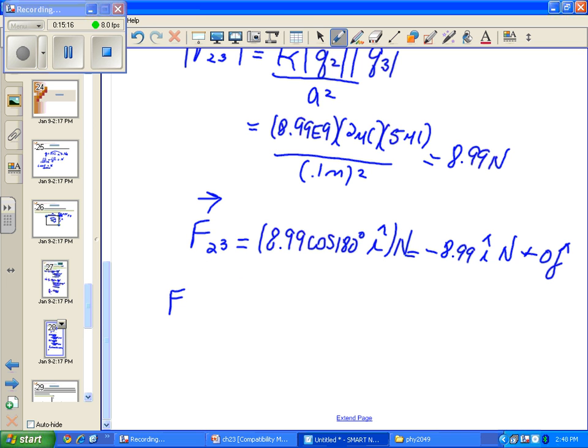Now let's go to F13. F13 is equal to 11.2 cosine of 45 i hat plus 11.2 sine of 45 j hat.